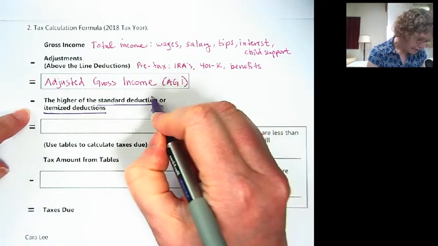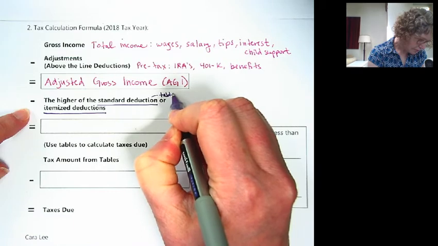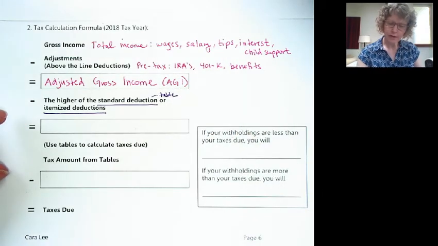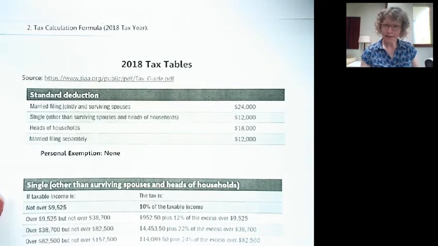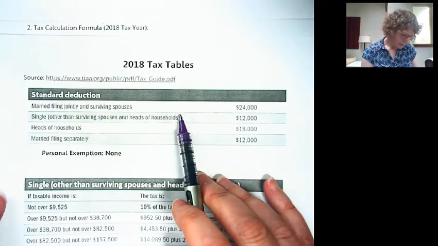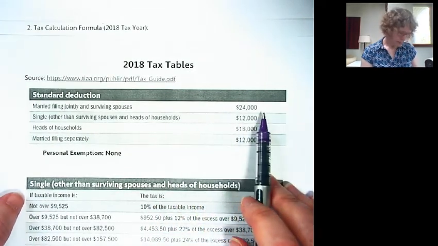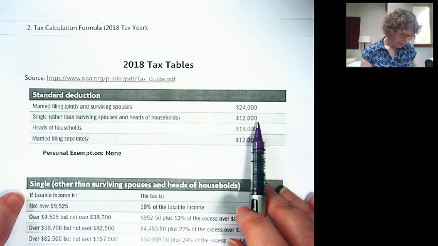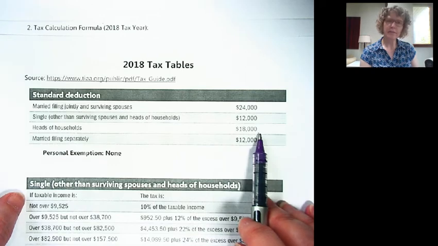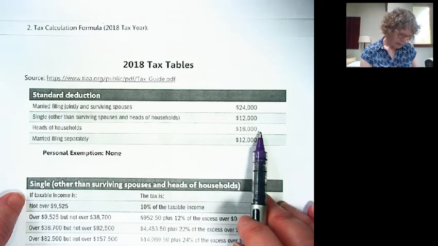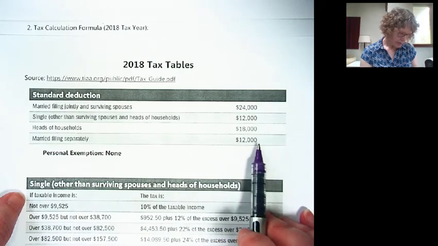The standard deduction we find from a table, and you'll be using this table in calculations. Here's the standard deduction in 2018. Married filing jointly, $24,000. Single, $12,000. Head of household, which means you are claiming children or other dependents, $18,000. Married filing separately, $12,000.